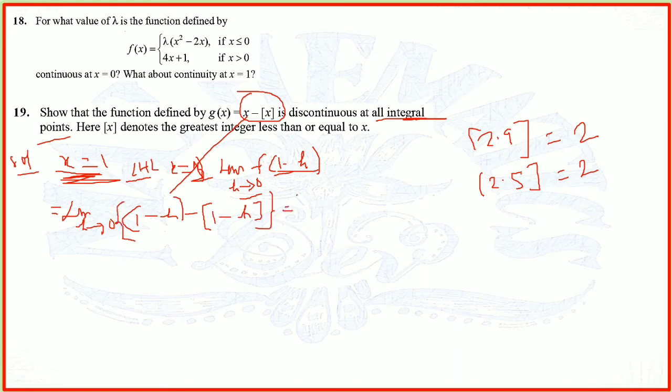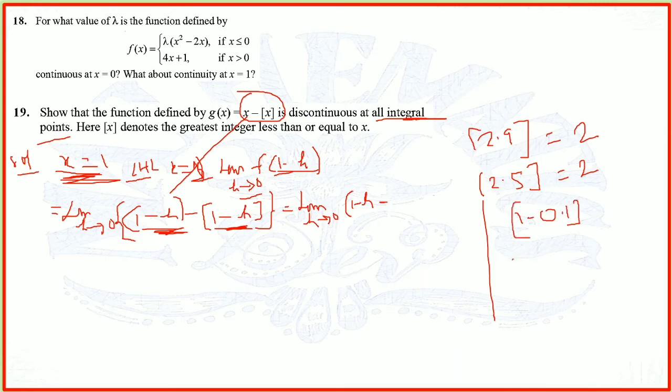Which is equal to limit h tends to 0, 1 minus h, this outside, we have opened this bracket, then minus, now this 1 minus h, you need to understand this mathematically. 1 minus h is a very small quantity, you can take h as 0.1 for example.